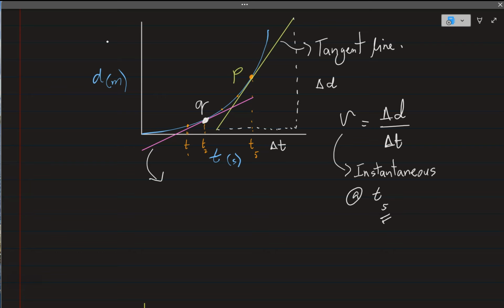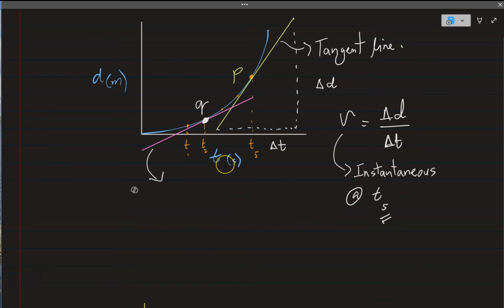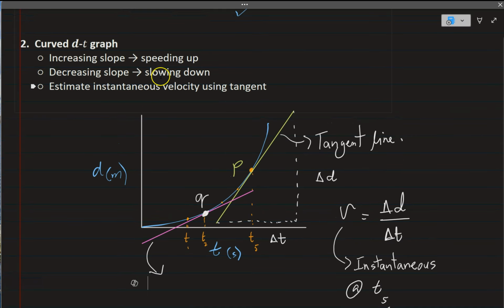That means as the time goes by, the slope gets sharper and sharper. That's why it speeds up. That's why the instantaneous velocity is actually increasing. That's what this is saying. And if you graph it the other way, like an upside down curve, it will be exactly opposite. It's slowing down.